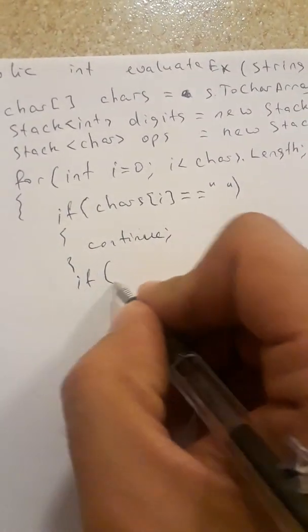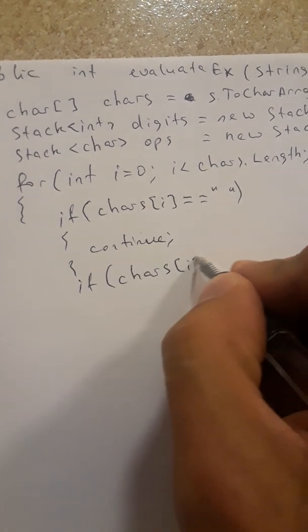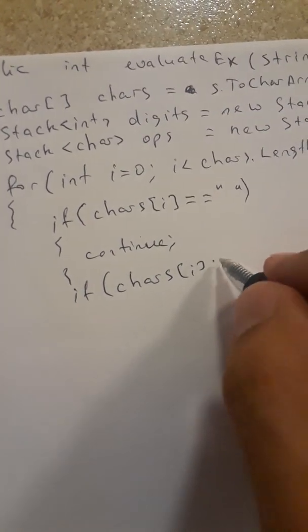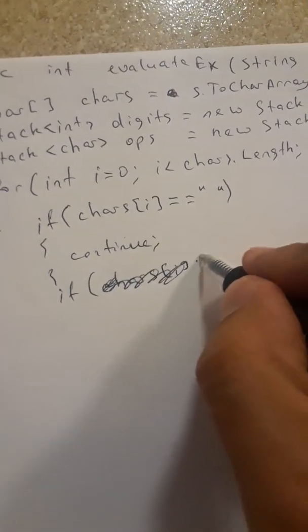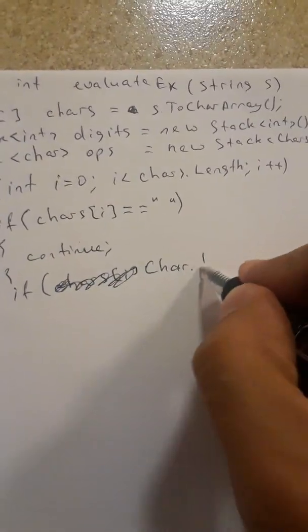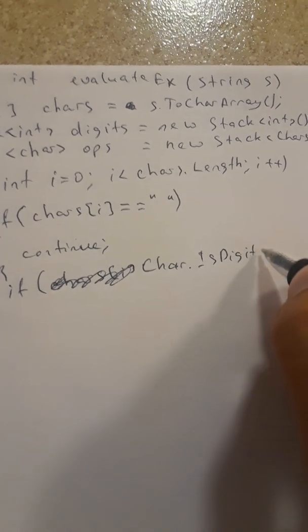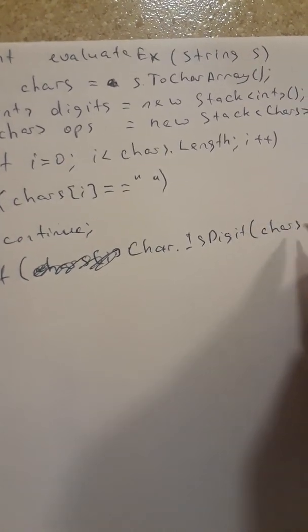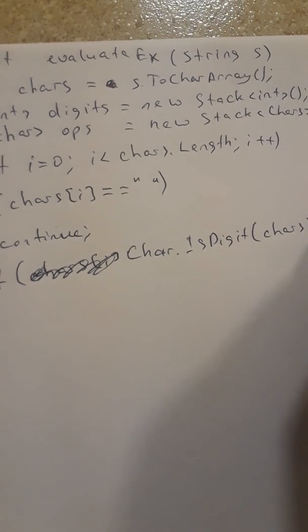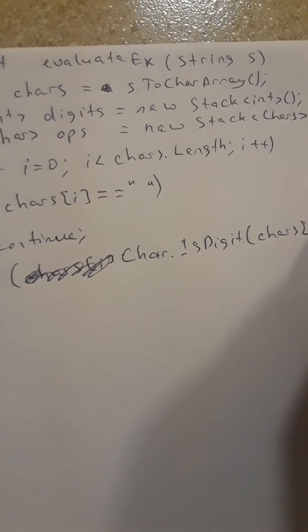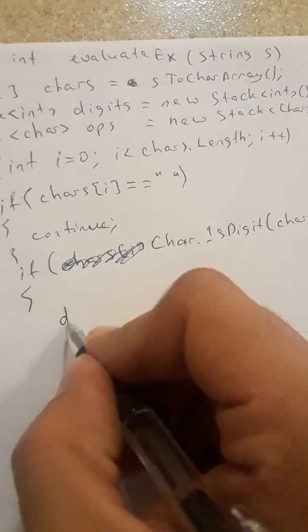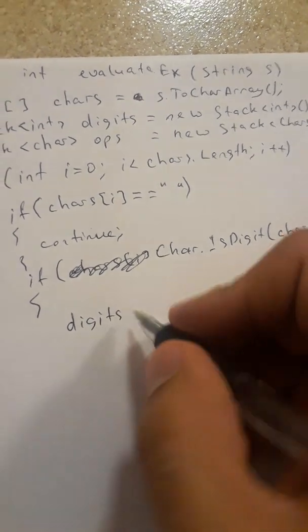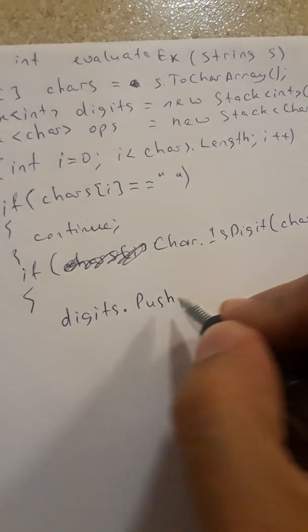Then we will check if the character is a digit or not. For it we will use the isDigit method of the Character class. And if it's true, we'll just push the digit into our digit stack.